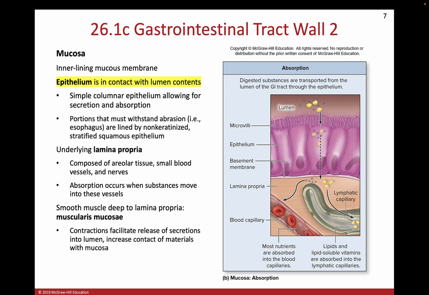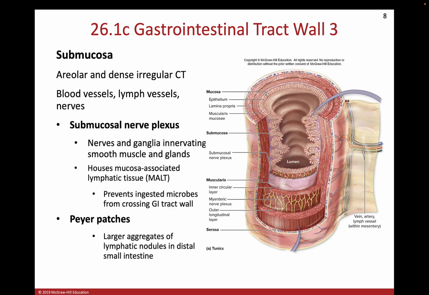Please note that this is not the muscularis. That is going to be its own separate layer. But it is smooth muscle, and contractions of this layer are going to make easier the release of secretions into the lumen, and it also is increasing the contact of material with the mucosal layer.